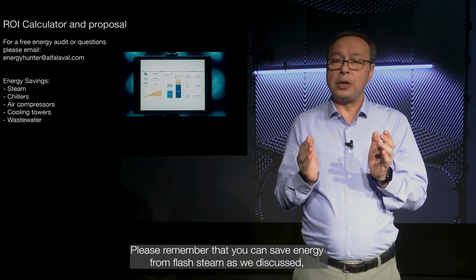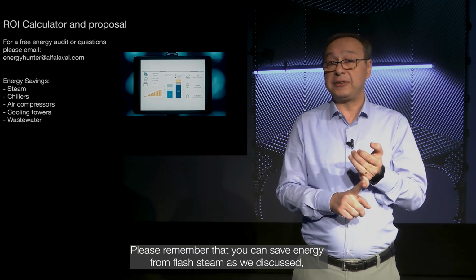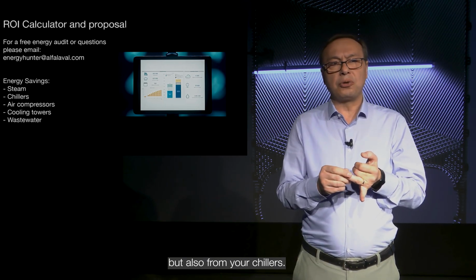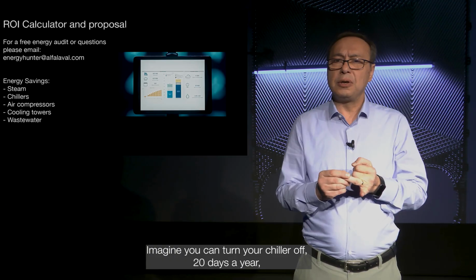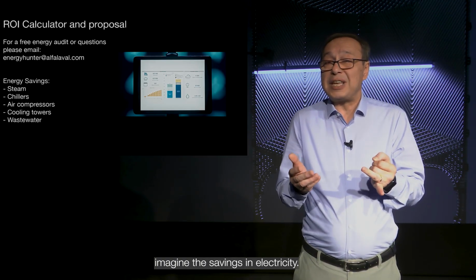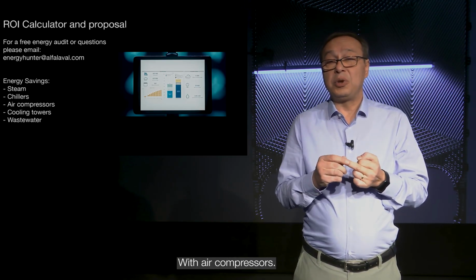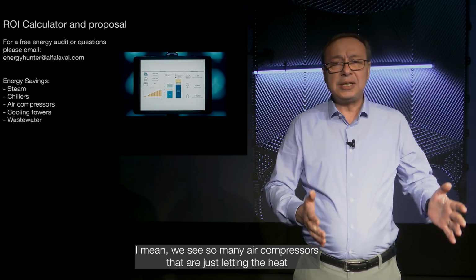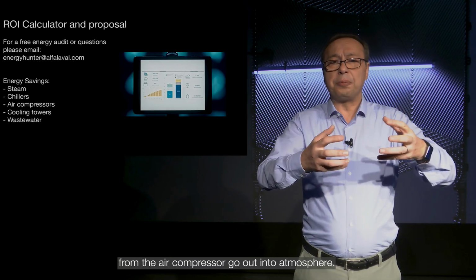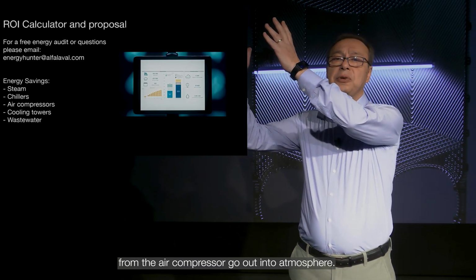Please remember that you can save energy from flash steam, as we discussed, but also from your chillers. Imagine you can turn your chiller off 20 days a year. Imagine the savings in electricity. With air compressors, I mean, we see so many air compressors that are just letting the heat from the air compressor go out into atmosphere.